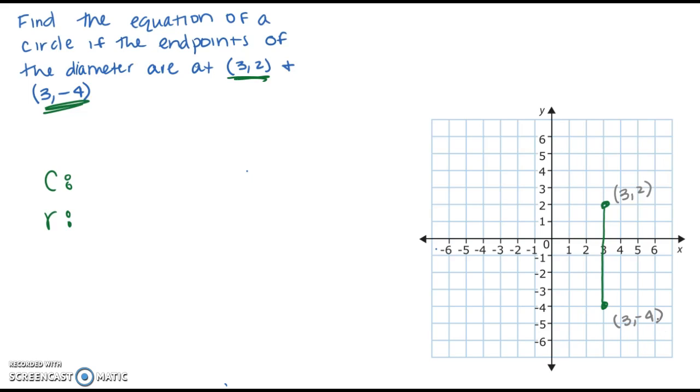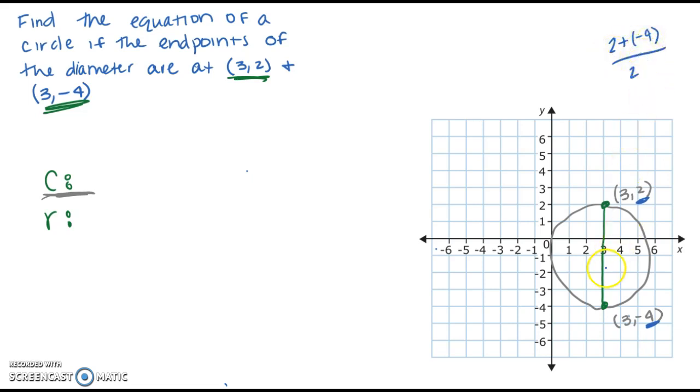So first we have to find the center of the circle. Well, if this is a diameter, that means my circle kind of goes like this. Again, this is not a perfect drawing. But the center of my circle has to be somewhere in the middle here. So since the 3's are the same, I really have to find the middle of 2 and negative 4. There's a lot of different ways you could do that. You could always find the average, or you could just count.